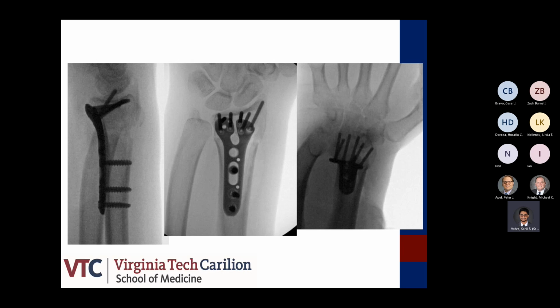I put my plate on quite distal, which obviously this fracture pattern did not need. We can see it's still under the articular surface, but only just. And the plate's just past the watershed line there. I think it nicely restored the height and the inclination, and our screws aren't in the DRUJ.